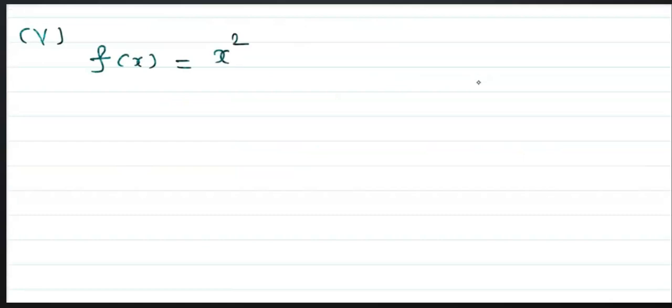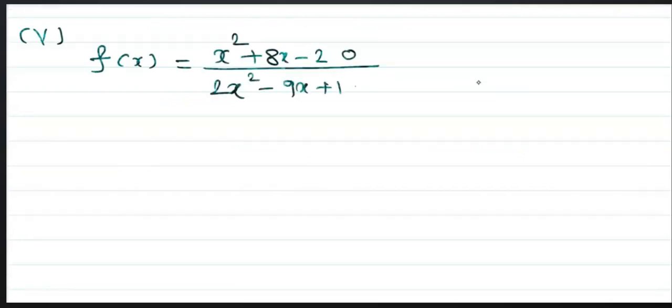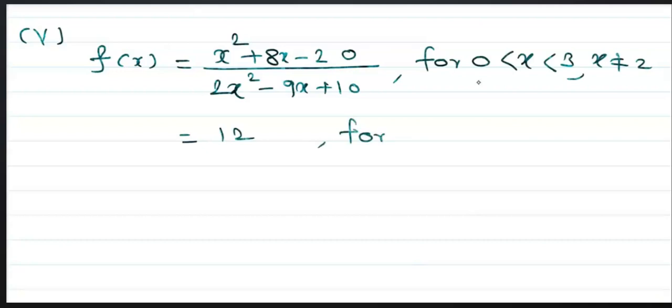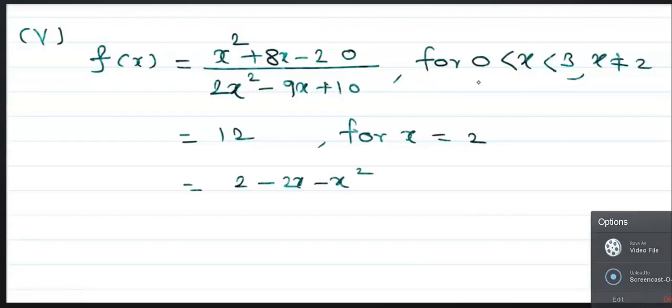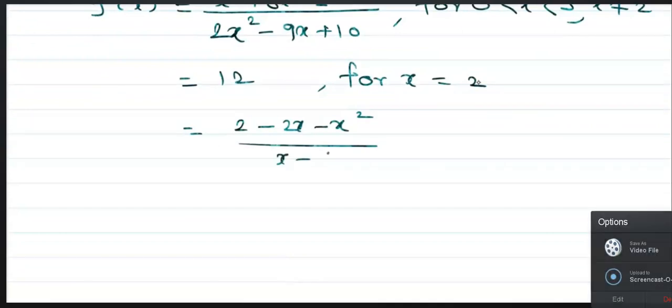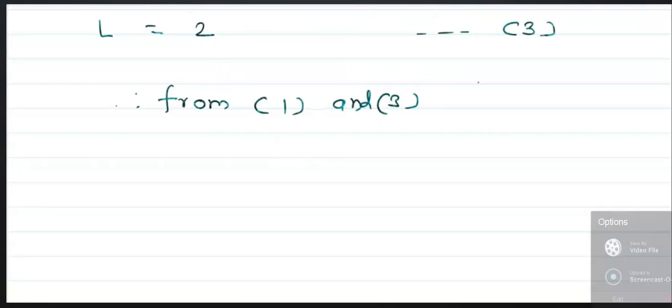Fifth one, f of x is equal to x square plus 8x minus 20 upon... Now see the second problem.